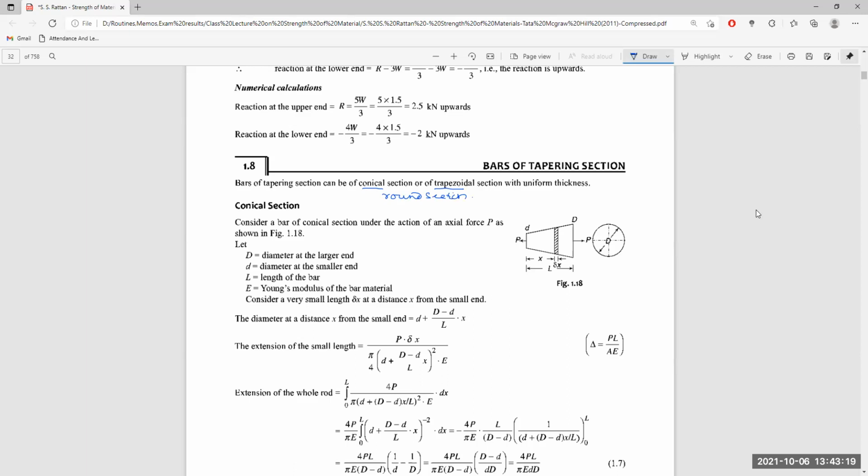Trapezoidal may be square and rectangular.